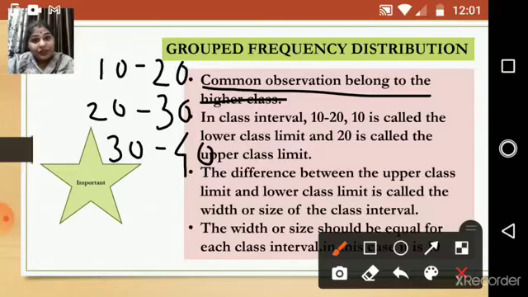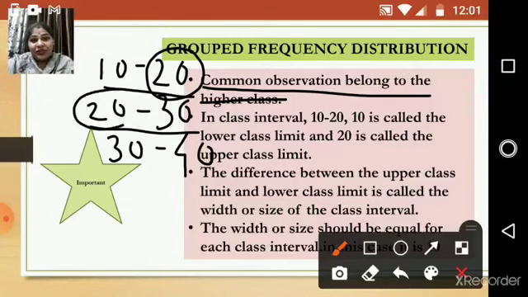The common observation means, suppose the number of students' attendance on Tuesday is 20. If you see, this class has the number 20 and the second class also has the number 20. So where should we enter that 20, children? In the first class or in the second class?